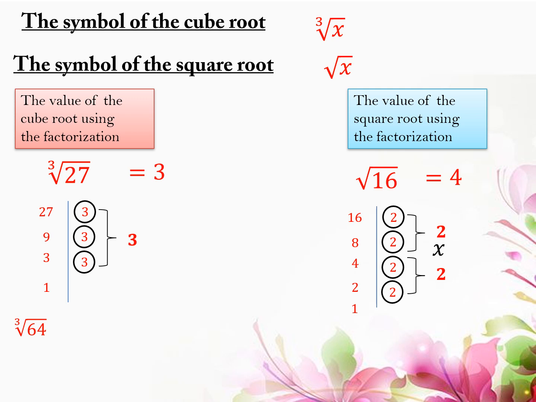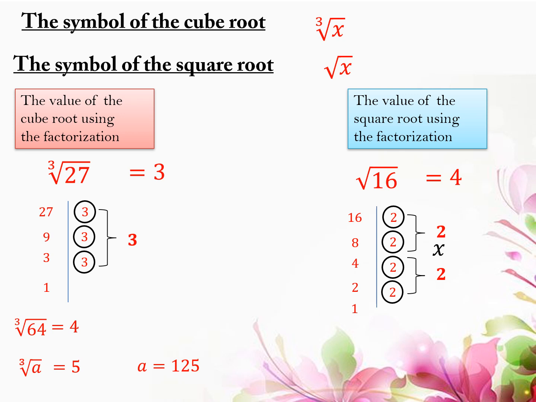Now another example, cube root of 64 equals, using your calculator or factorization, 4. And to find any unknown number under the cube root, you must find the power 3 of the number. So if we have cube root of a equals 5, we will find the value of a by multiplying 5 three times, 5 times 5 times 5, or 5 power 3.